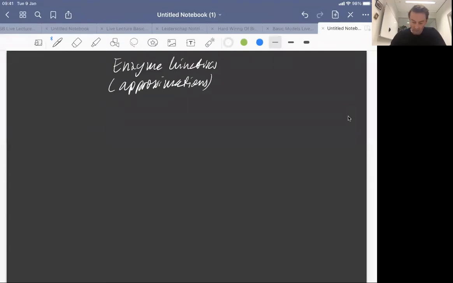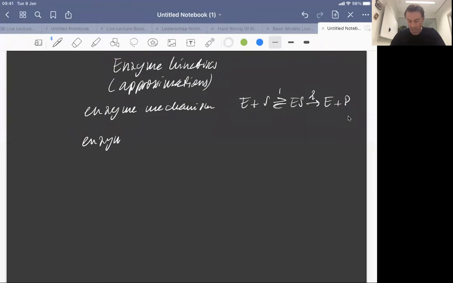So the idea is that we want to go from the enzyme mechanism that is described in terms of these elementary reactions. So in the simplest case, we would have something like this, where you have two elementary reactions, and we want to write this in terms of an enzyme description in which the rate constants K1 plus, K1 minus, and K2 are no longer appearing, and also these concentrations are no longer appearing.